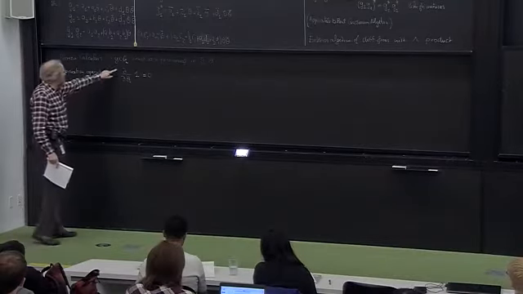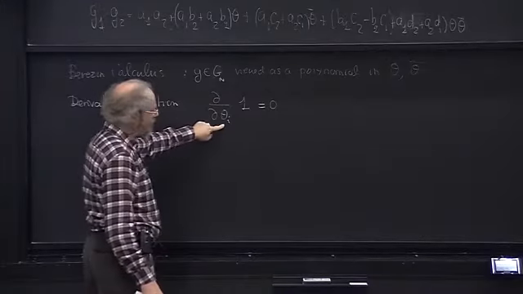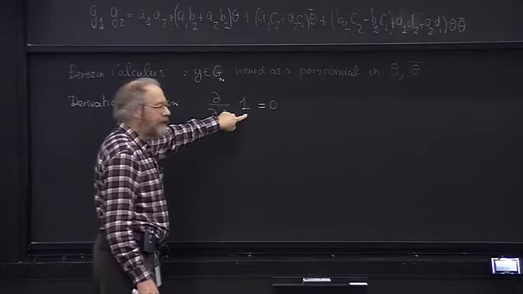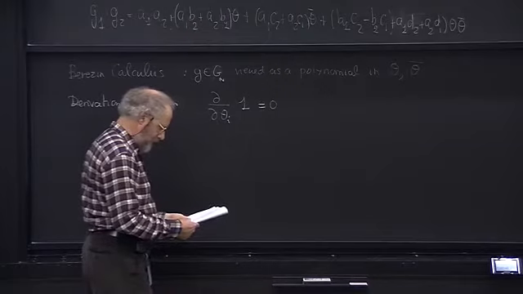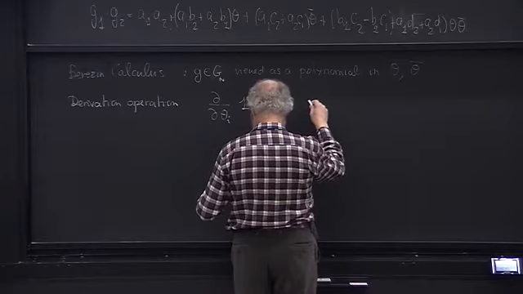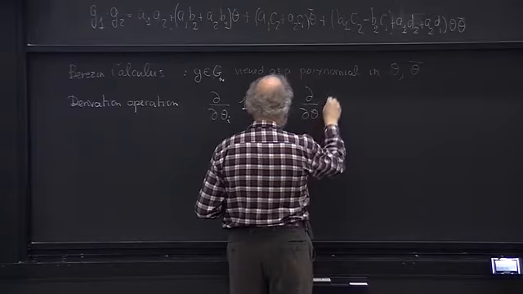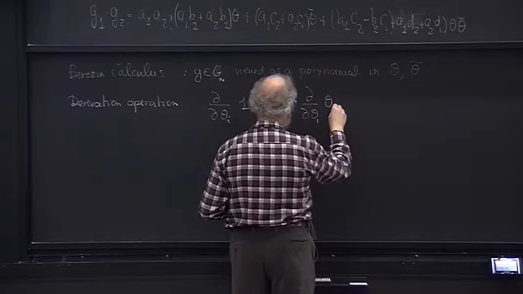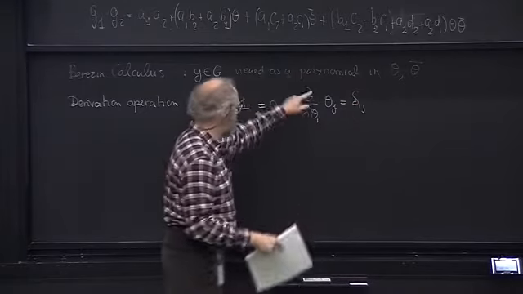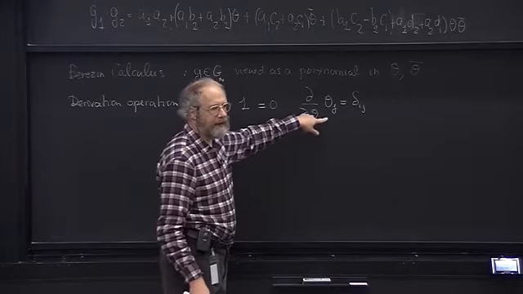Okay? So let me define a derivation operator: the derivation with respect to theta i of a complex number is 0, and the same for any theta bars. And I define that d over d theta i of theta g is delta ig. So if I take the derivation of one variable with respect to itself, this is 1, and elsewhere it's 0.